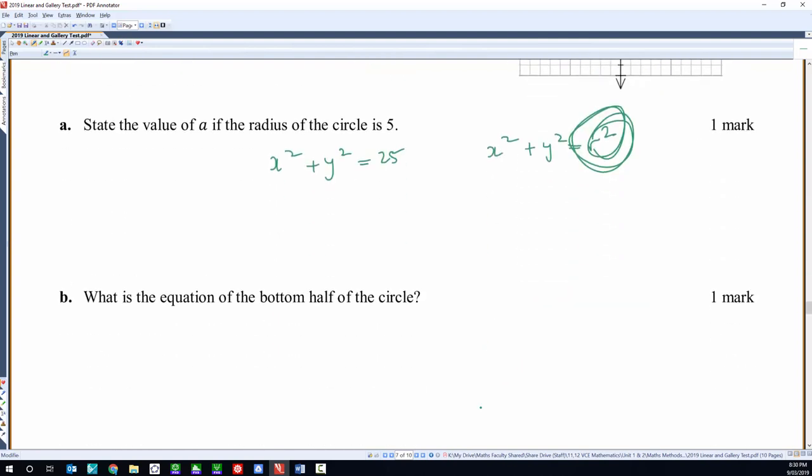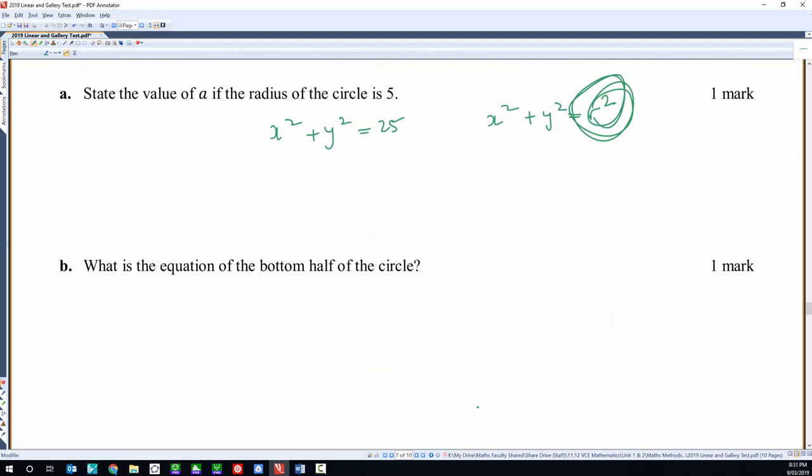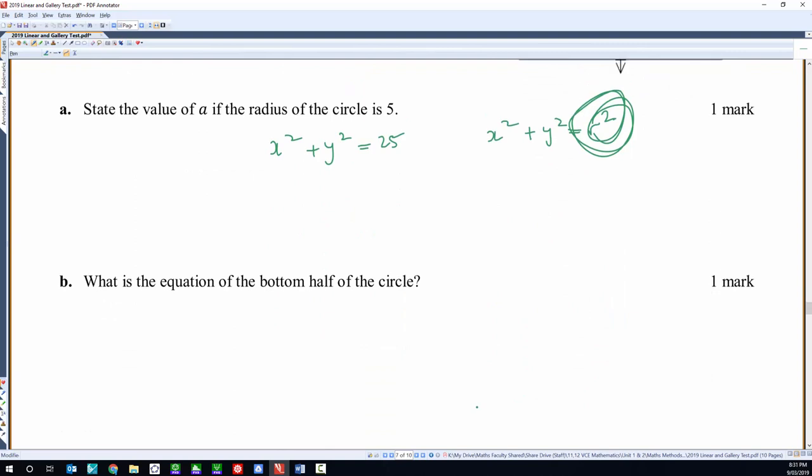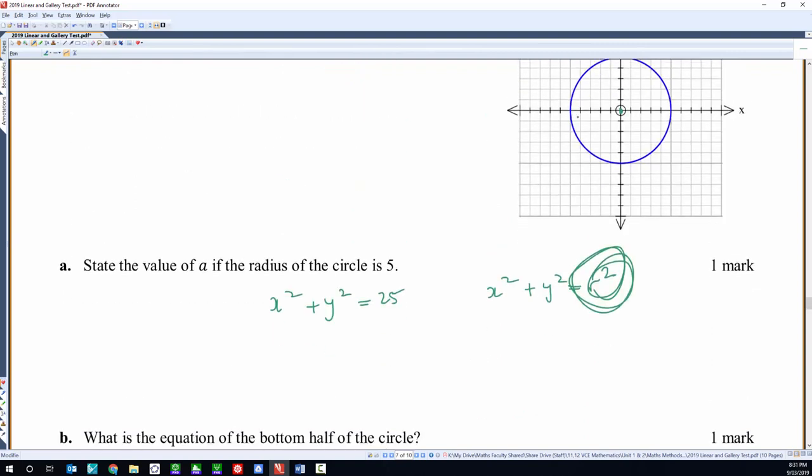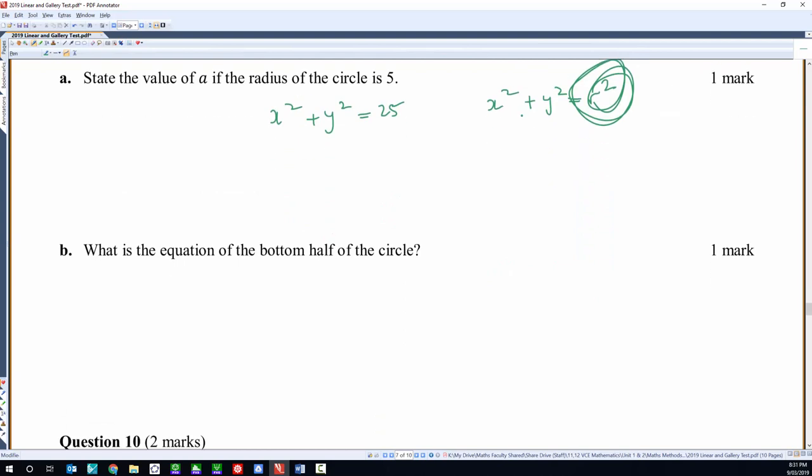All right, so what is the equation of the bottom half of the circle? There's a couple of ways to do this, simply by recognition, but we want the equation of just this part here. So you can do a transposition: y squared equals 25 take away x squared.